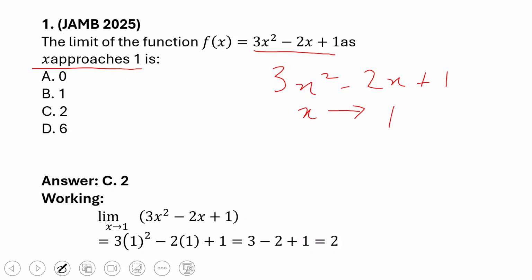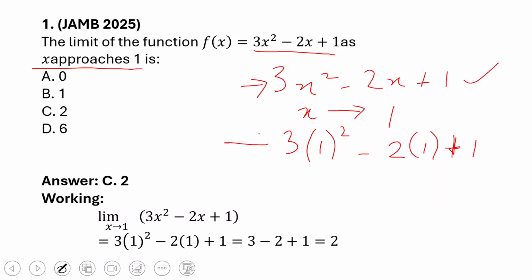It means that wherever we see x in this expression, we'll put 1. So by way of substitution, I would say 3 into 1, that is, instead of having x here, I put 1, then all squared, minus 2 into 1, then plus 1. So this expression has been written as this, putting 1 where we see x.